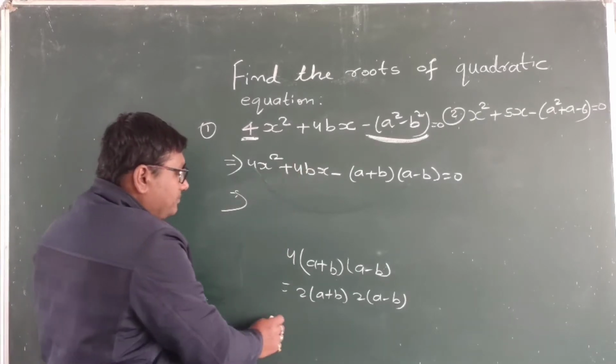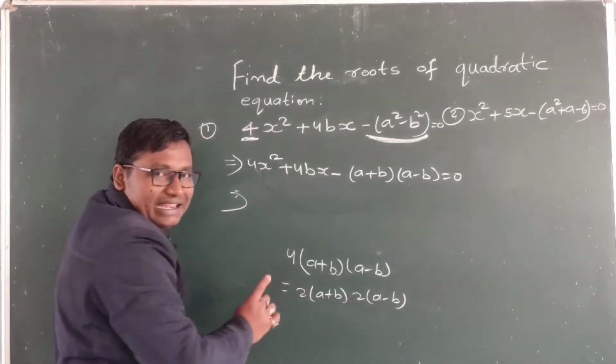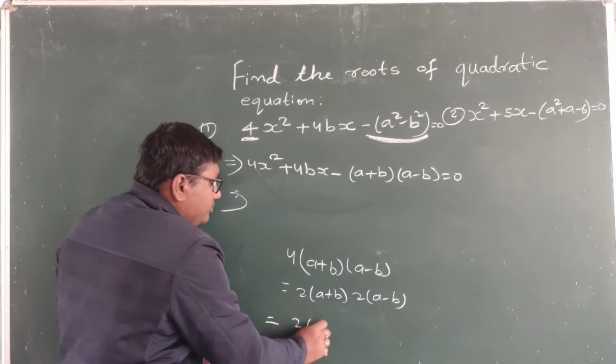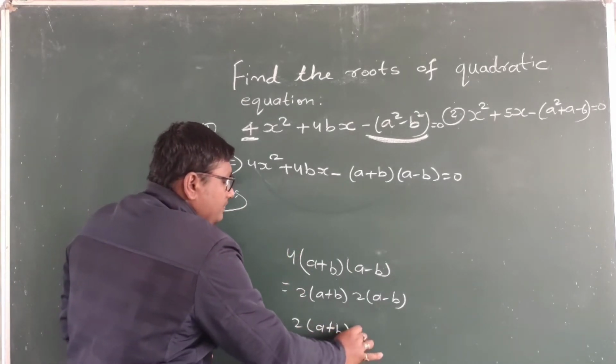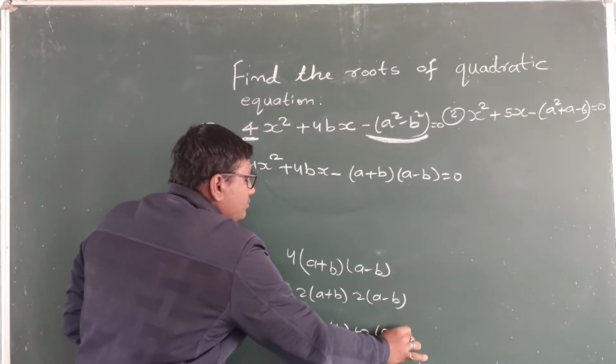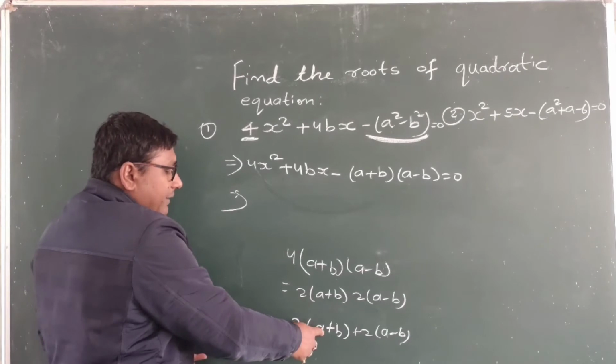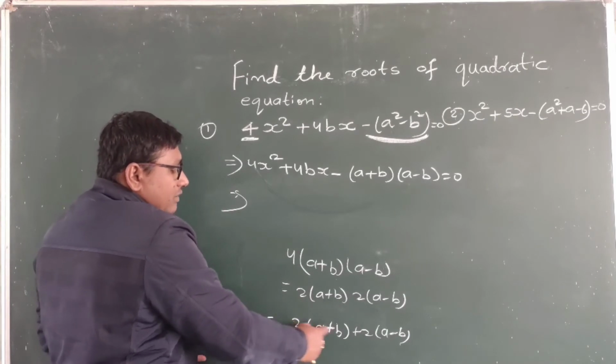Now you see, whenever we add or subtract these terms, what to do? If we add these two terms, this will become 2a, this will become 2a, and this will become 2b.